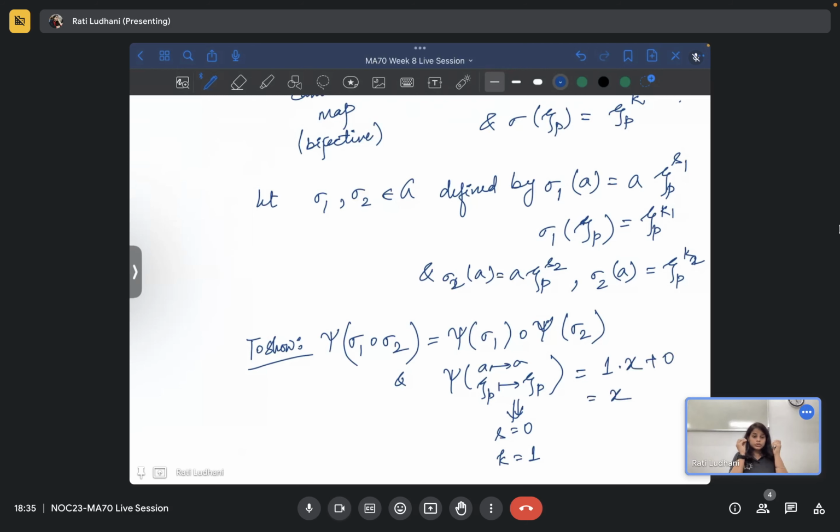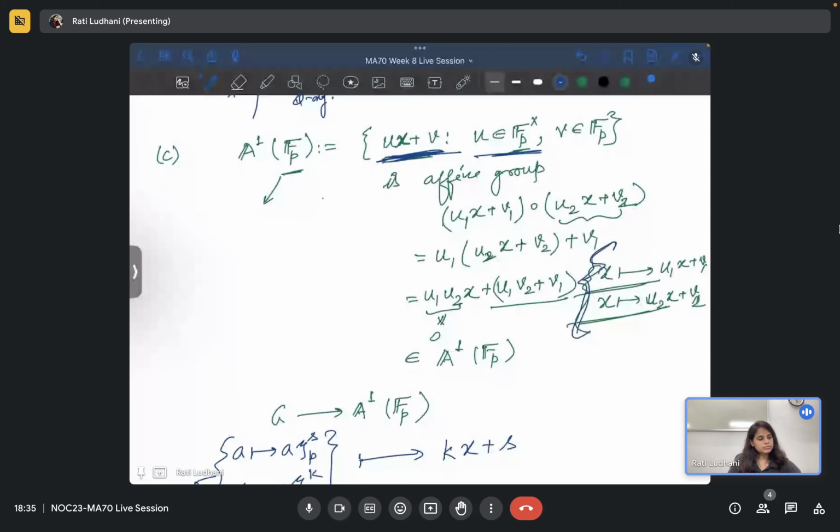So as I said, the affine group is also a set of functions. We again have composition, and the identity element is the identity map, that is x goes to x. You can check.